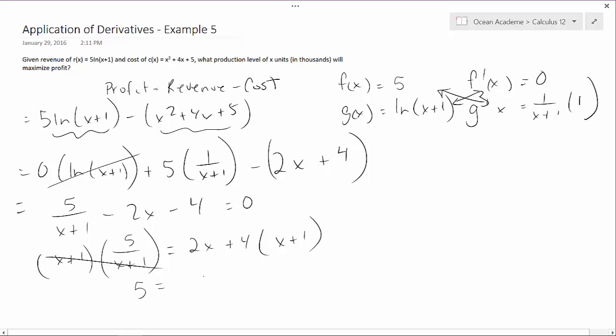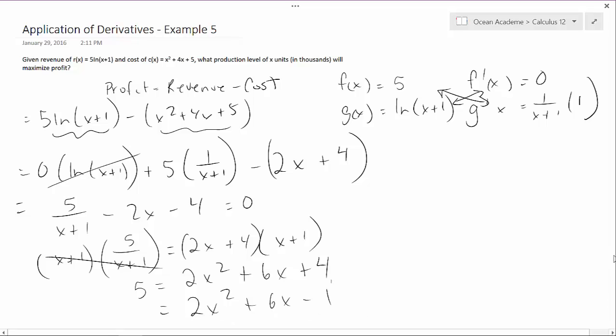And we get 5 equals, and then expanding this, 2x squared plus 6x plus 4. And moving the 5 over, we get 2x squared plus 6x minus 1.